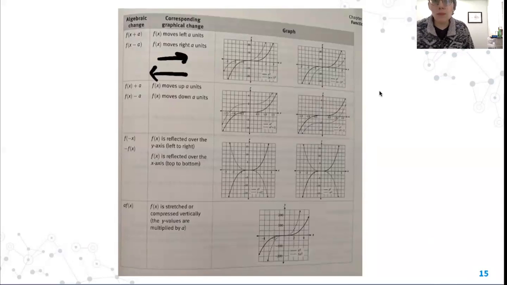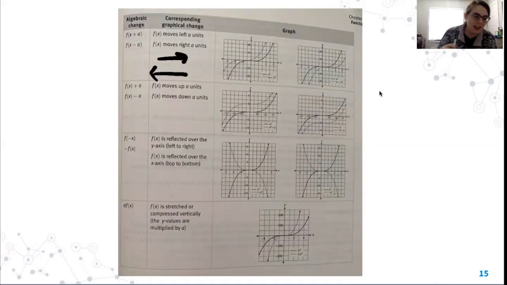And it's going to be the opposite of what it looks like. So we're used to positive things going towards the right and negative things going towards the left. But for our transformations, if it's in the parentheses, if it's adding, then it's moving to the left. And if it's subtracting, then it's moving to the right.